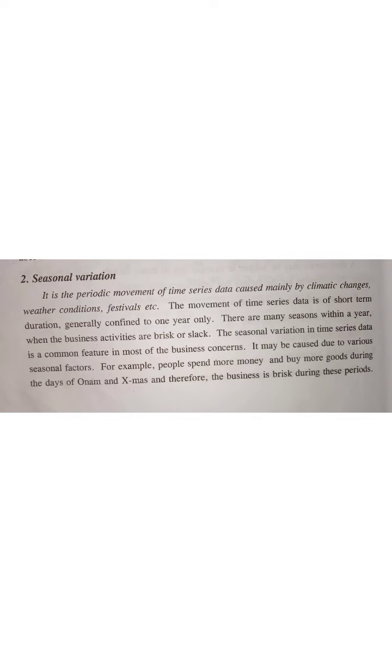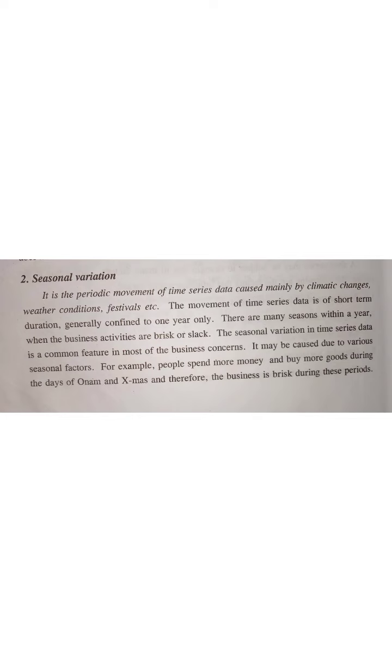It can be caused by climatic changes, weather conditions, festivals. These are all seasonal, right? It is a periodic movement of time series data caused mainly by climatic changes, weather conditions, festivals, etc. There are many seasons within a year when business activities are brisk or slack.